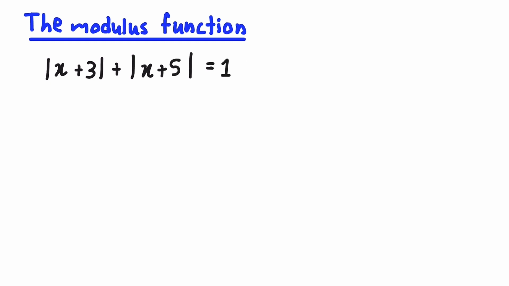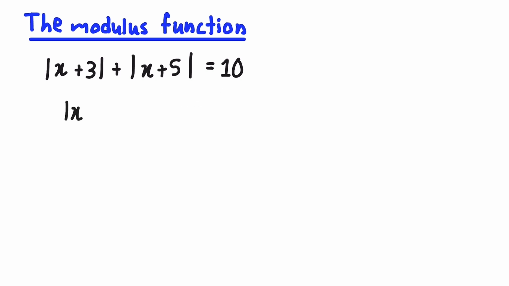So we need to find values for x. First step, we can't use the square method on both sides. It will be a little difficult. So what we could do, we could keep a modulus function on one side and move the other one to the other side.